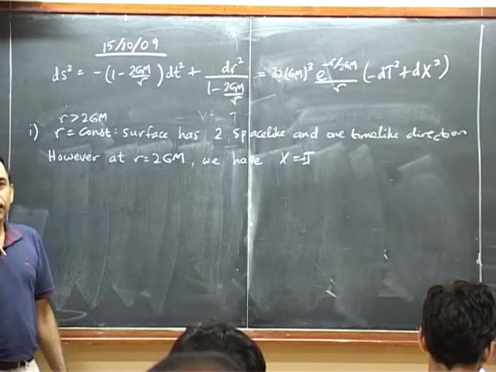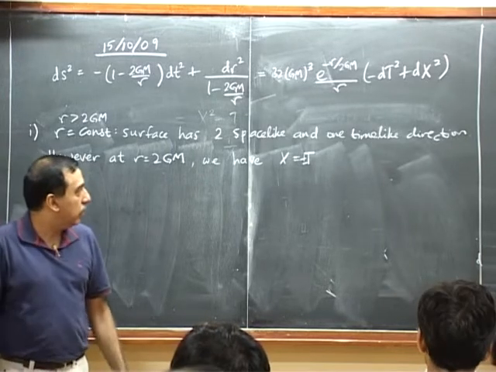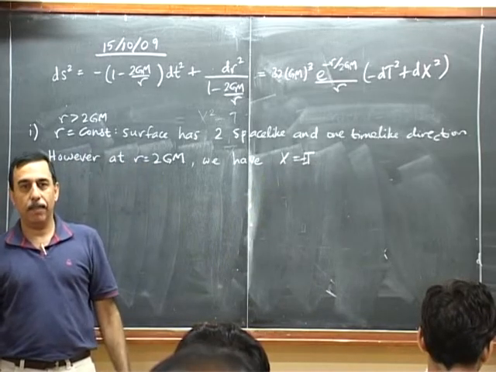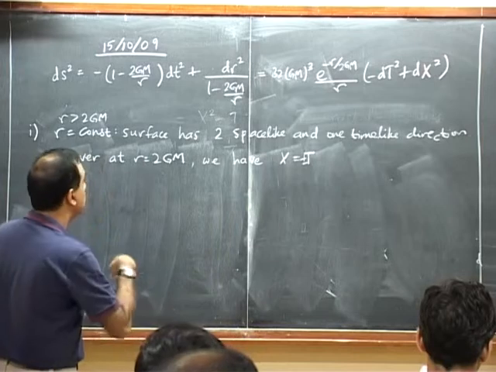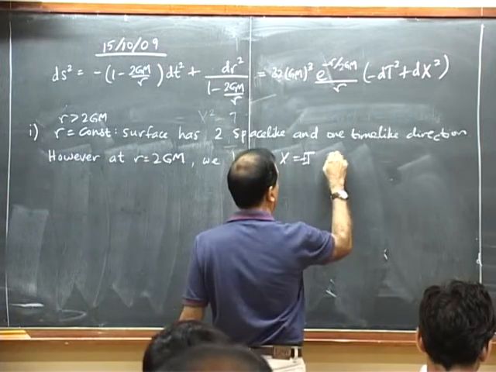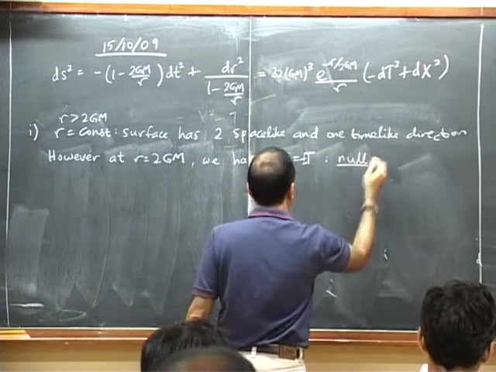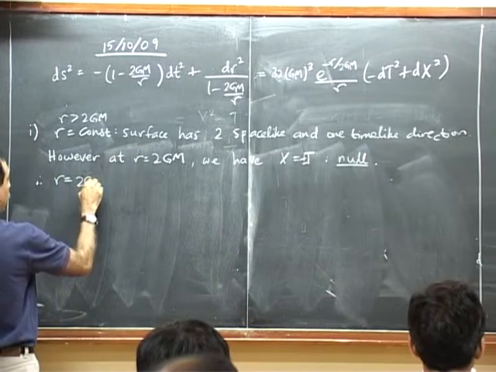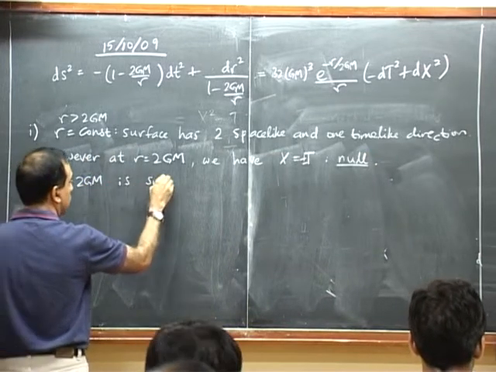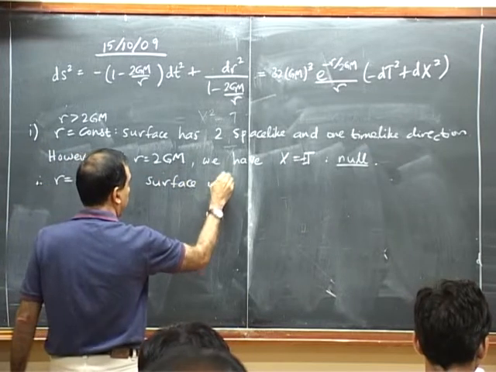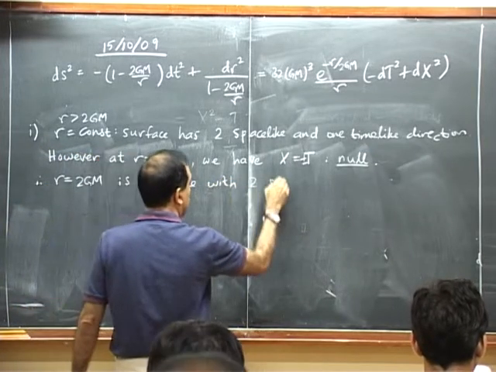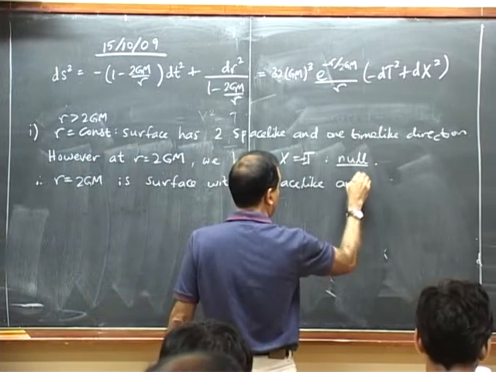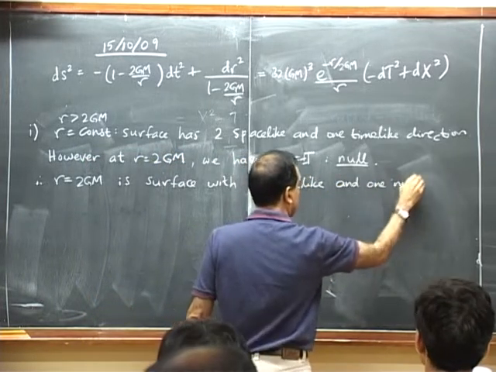But notice that the coordinate x minus t or x plus t is null. Okay, so that means that r equals 2 GM is a surface with two space-like directions, theta and phi are still there, and one null direction.